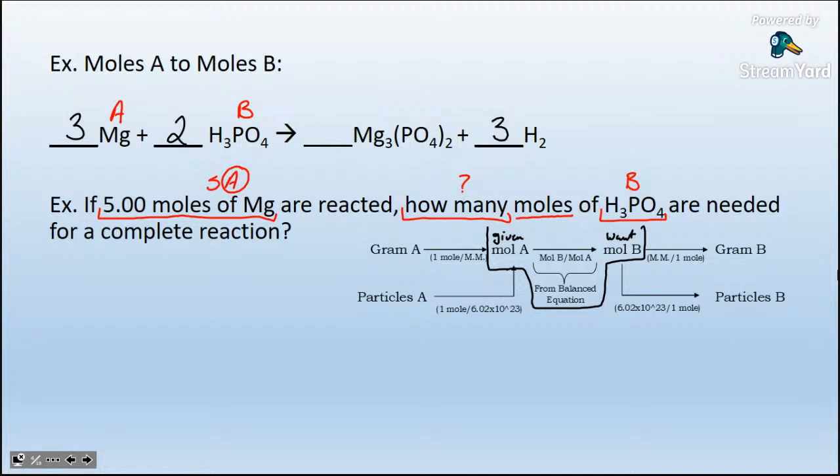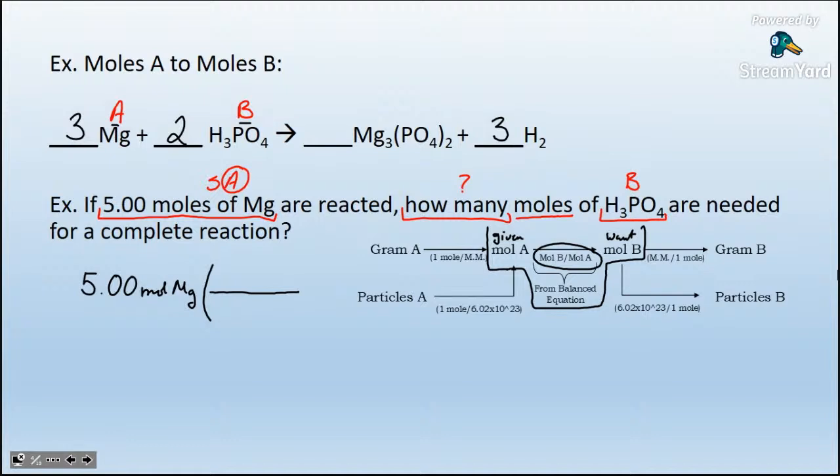So all we need is that balanced equation. So setting this up, I start with my starting amount, so 5.00 moles of magnesium, and then my open parentheses. And if I look at the mole roadmap, I need moles of B over moles of A. And that's why I've labeled these as A and B.